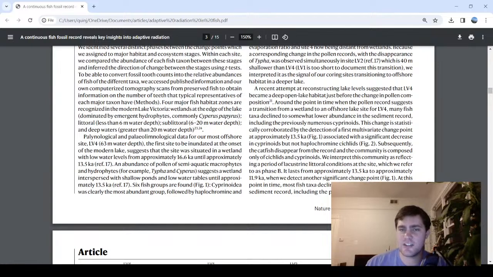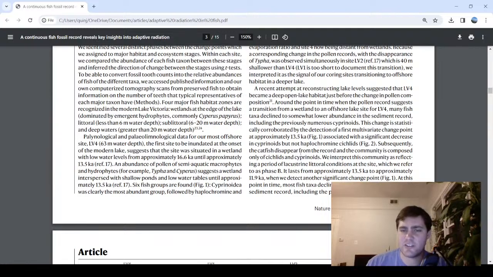This change is statistically corroborated by the detection of a first multivariate change point at approximately 13.5 Ka, associated with a significant decrease in cyprinoids, but not haplochromine cichlids.